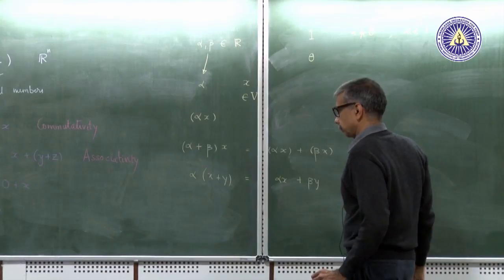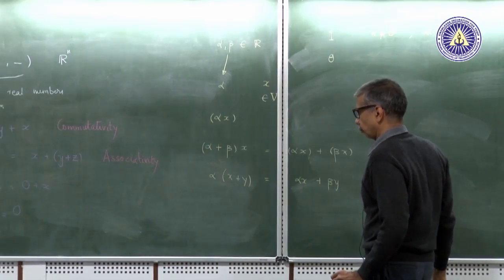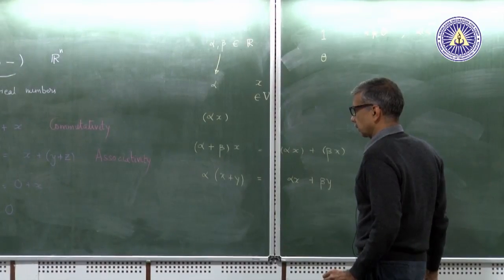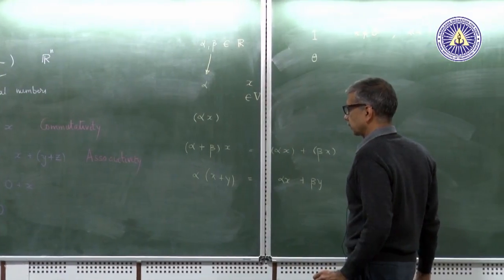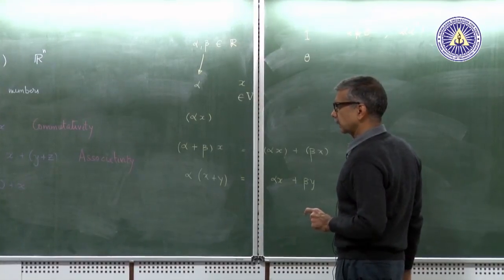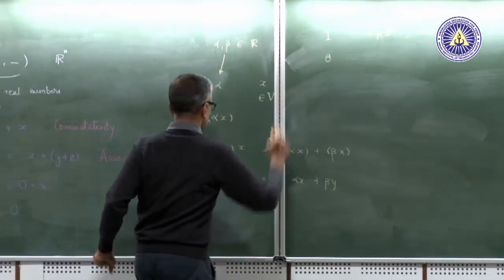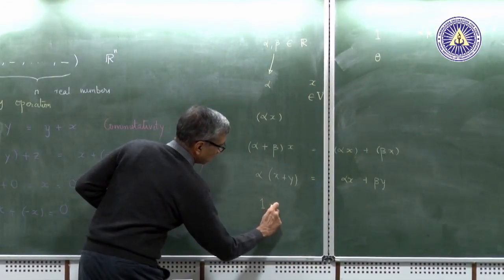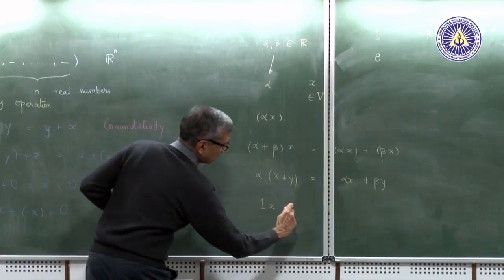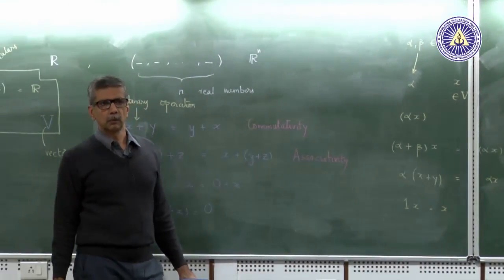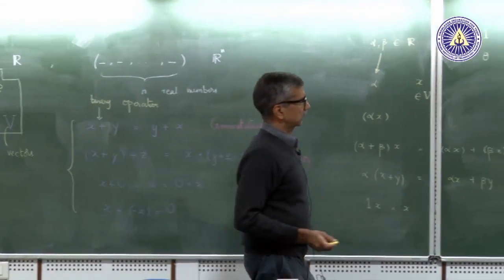And there is also a distributive law. Well, anyway, we have the main properties here. Oh yes, so this element has the property that 1 associated with any vector x will give you the same vector for all vectors.